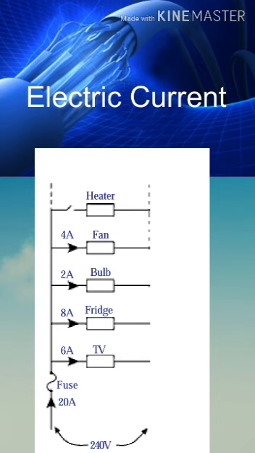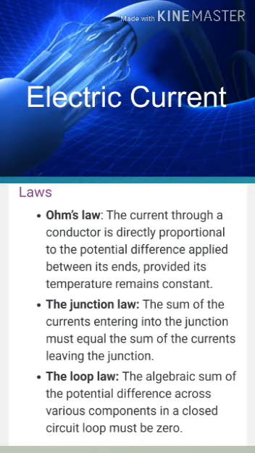If the heater is on, the fuse will overload and turn off. Because of overloading, the fuse automatically turns off. If the fuse is not present, the switchboard will cause an electrical fire.